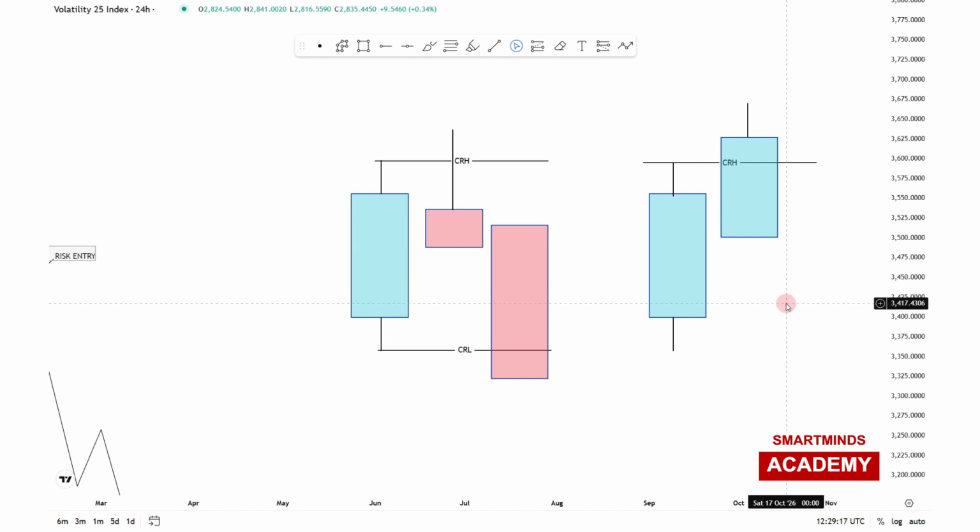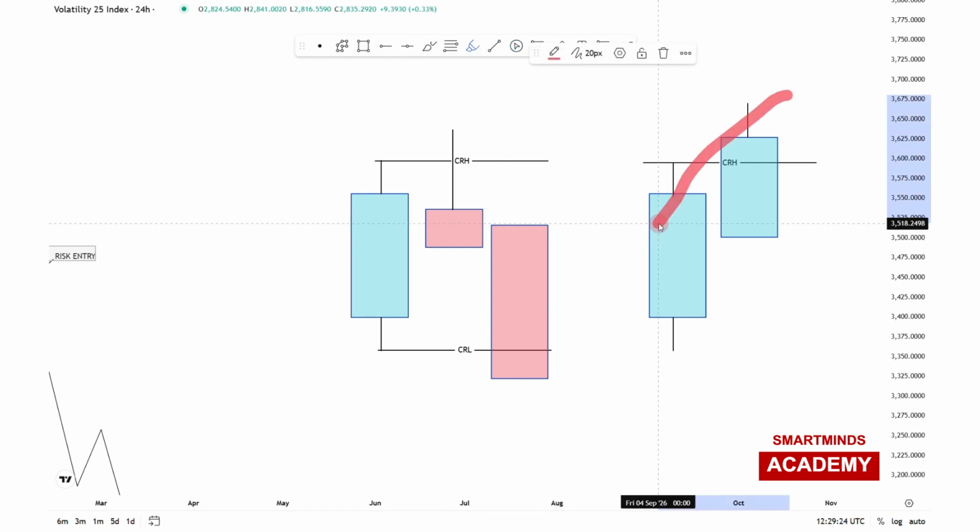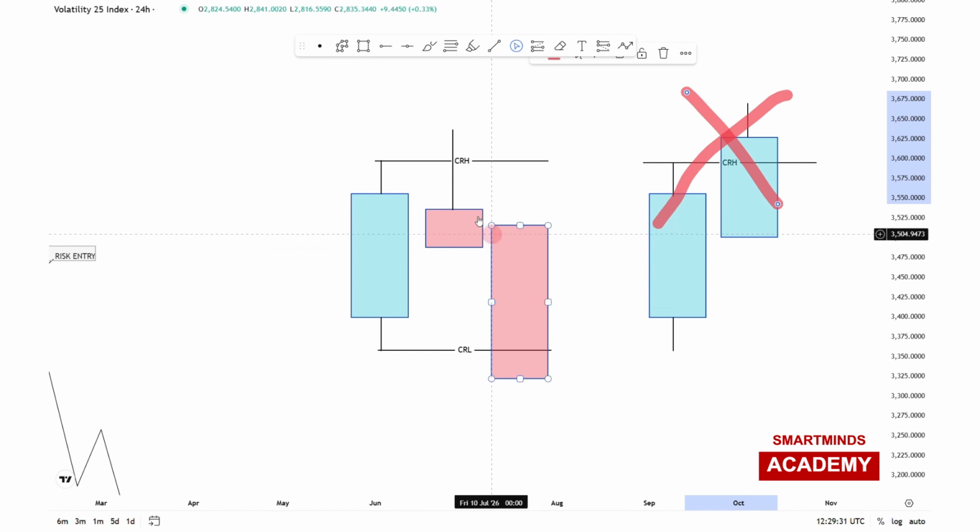It shows that the price is still moving towards one direction. So in this case, you cannot take this to be your range theory. Range theory only talks about when the candlestick that forms manipulates the high of the range candlestick. In that case, it's supposed to close back inside the range.